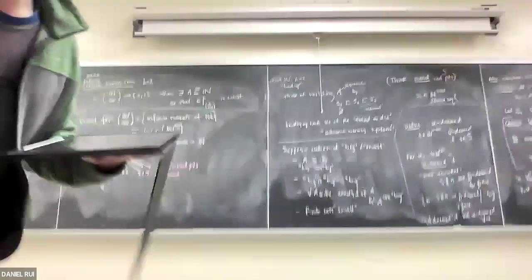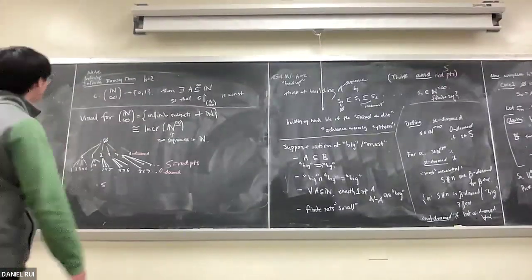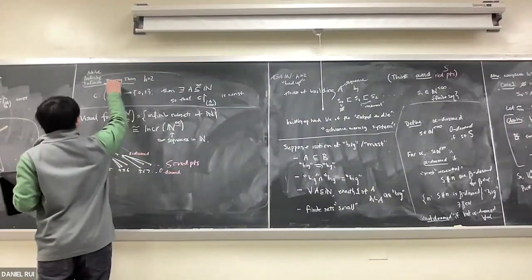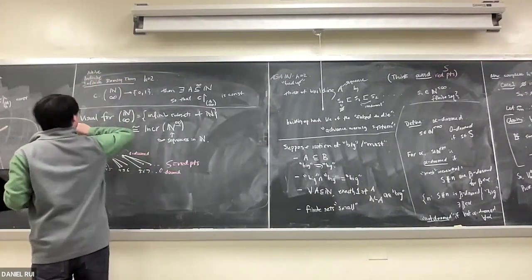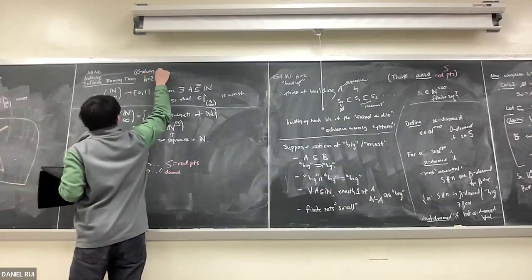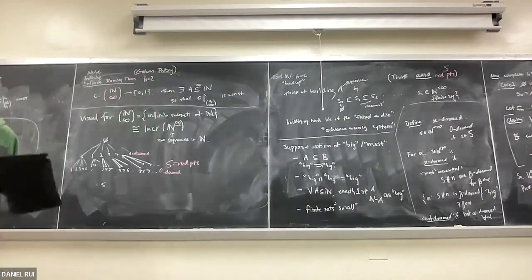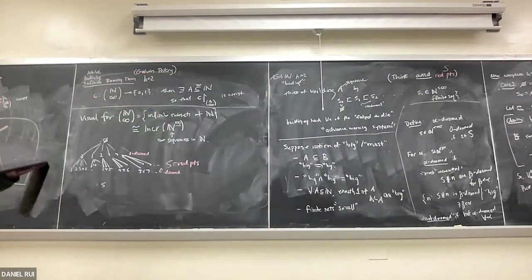Okay, so now I can state the correct statement of the infinite Ramsey theorem, which I will finally give a name. It's called the Galvin-Prikry theorem. I've seen it referred to as the jewel of infinite combinatorics. One of the more elegant, beautiful results.